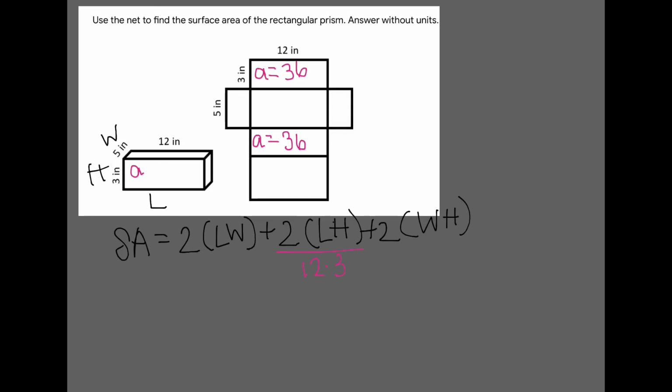Next, I am going to find my length times my width. Well, my length, according to my rectangular prism, is 12. And my width is 5.